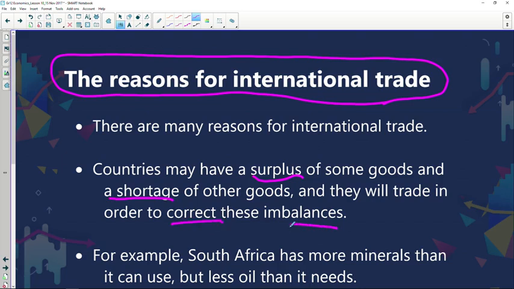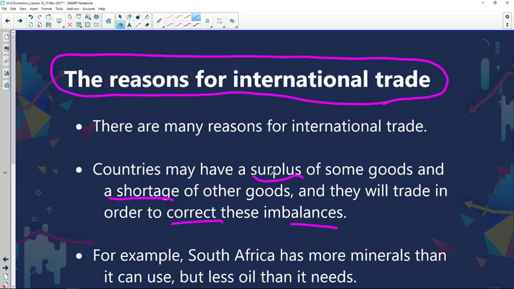So I did chat about the surplus earlier on, that countries may end up with a surplus of some goods and also could have a shortage of other goods, and then therefore they will decide to trade in order to correct these imbalances that they may find.